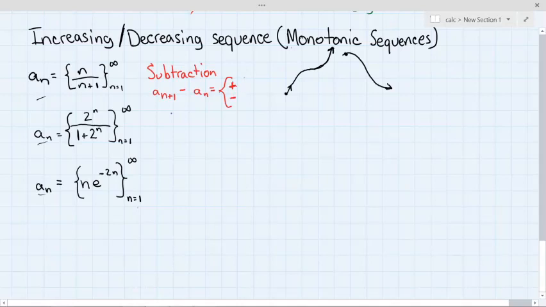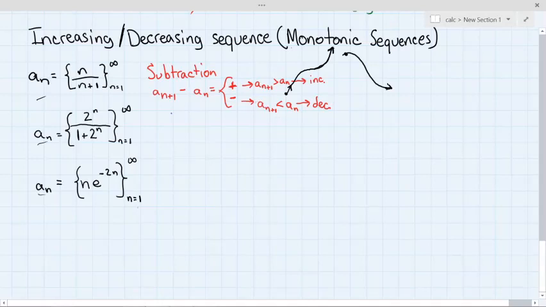If it's positive, that means a n plus 1 is greater than a n. So that is increasing. And on the opposite, if the subtraction is negative, then that means a sub n plus 1 is less than a sub n. This means it's decreasing.